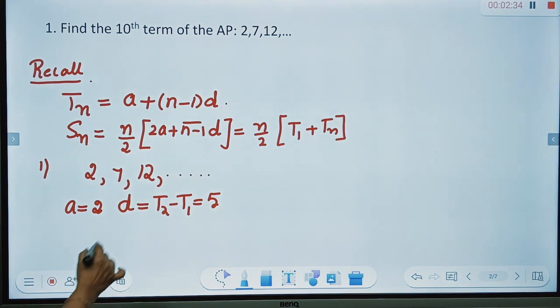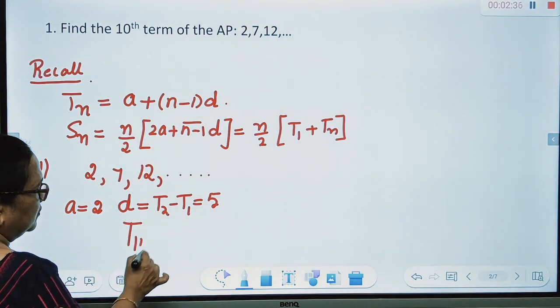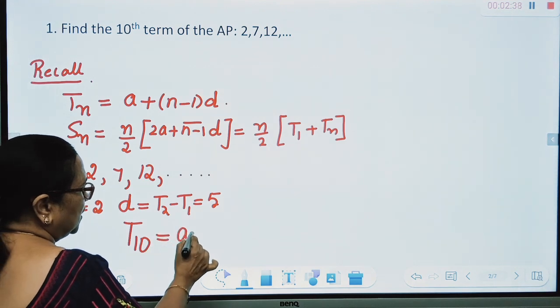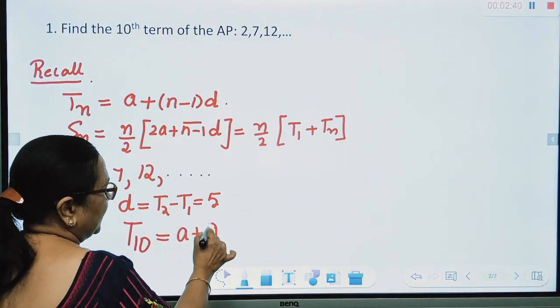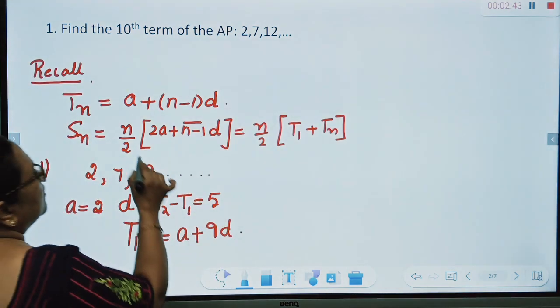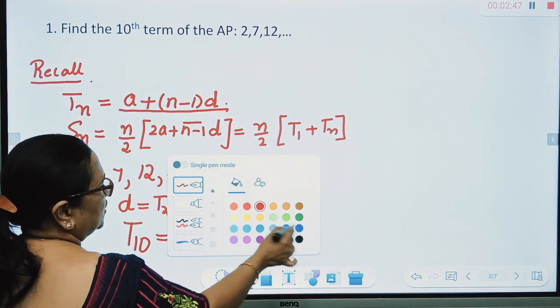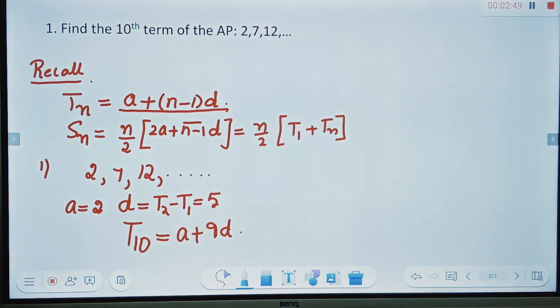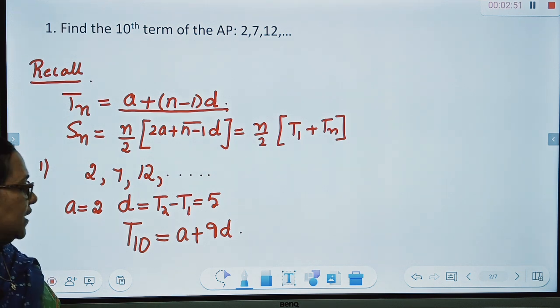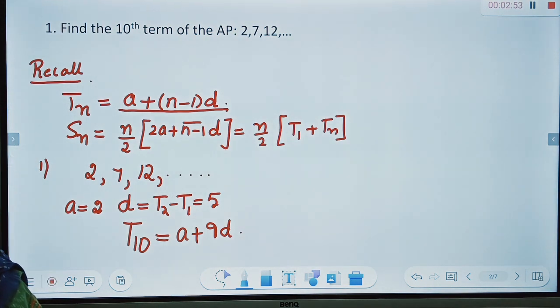Now we need to calculate the 10th term. The 10th term is a plus 9d. Because what is the formula we are using? A plus n minus 1 into d. So the 10th term will be a plus 9d. What will be the 100th term? A plus 99d.